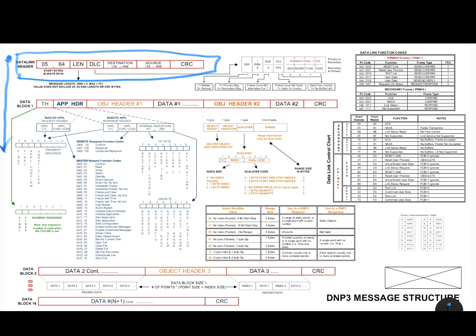Now, some DNP messages are data link layer messages only. That is to say, they're only 10 bytes long in total, and they're essentially just checking on the status or establishing that logical link between the master and the outstation, or the master and the slave. I think I mentioned that before.